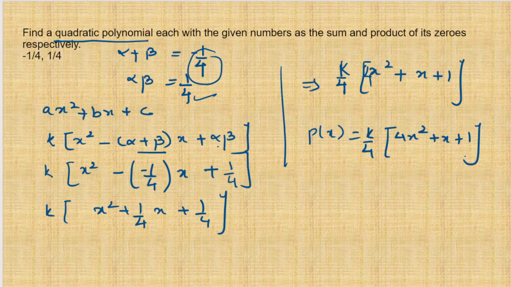This is the quadratic polynomial which we get from the sum and product relationship. And k by 4 is your constant. If k equals 1, your polynomial becomes 1 by 4 times 4x square plus x plus 1. And the value of k can be changed so that you will get a number of quadratic polynomials.